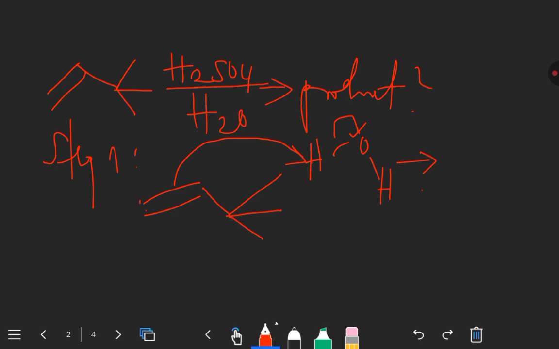So we can start with a hydrogen there, then we'll have something like this. So there we can have our carbocation, then we have the compound, which was this compound.